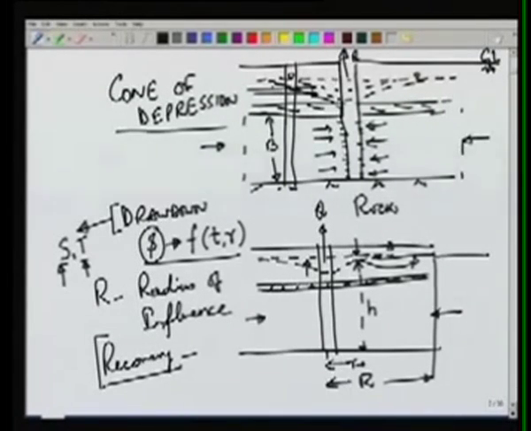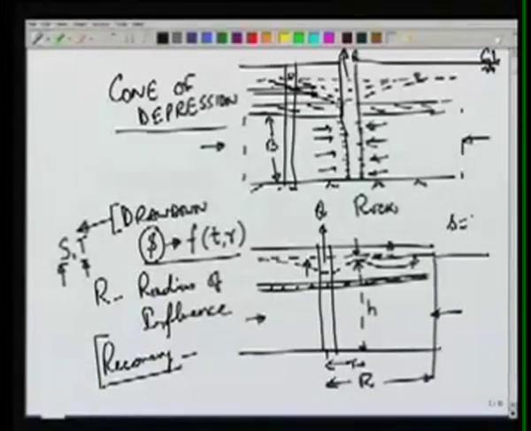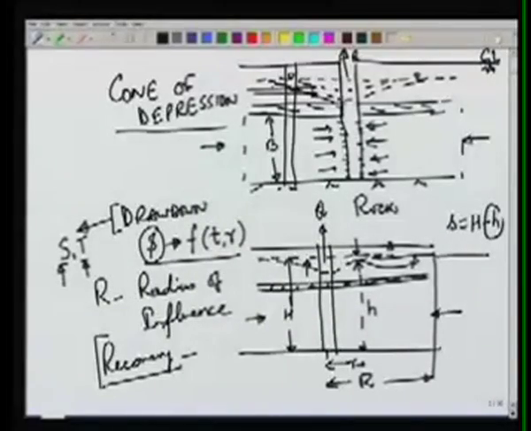So we will see first how H and therefore s, because s is nothing but initial H minus H, where capital H is the height of the initial piezometer level. So if we find out how H is changing with time, we can derive an equation for the drawdown, and that will help us in finding out the storage coefficient and transmissivity of the aquifer.